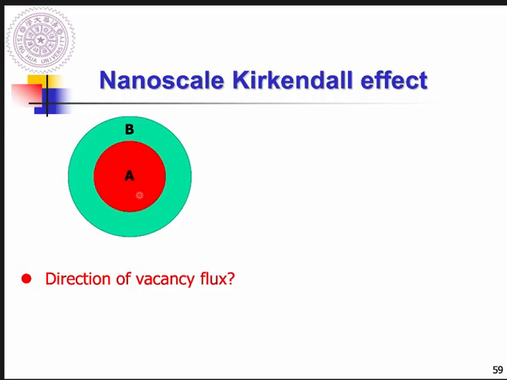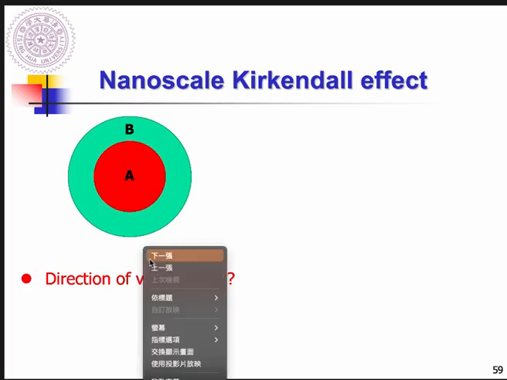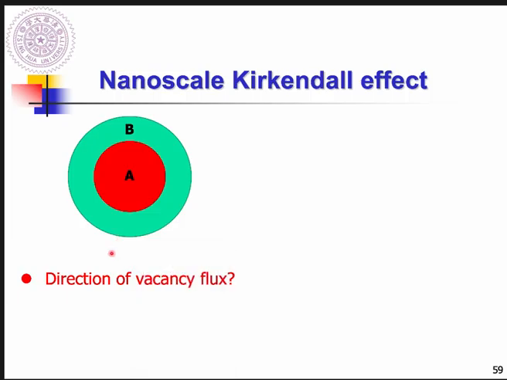In the beginning we have the core as material A and the shell as material B, and we heat these materials up. Usually the temperature will increase to about 0.7 of the melting point to allow interdiffusion to happen between A and B.